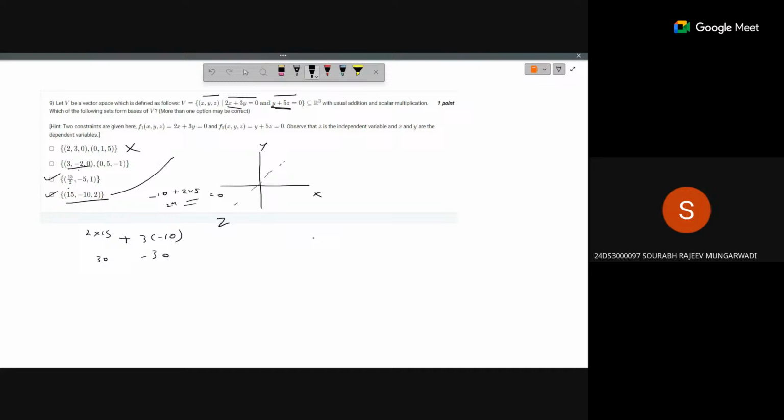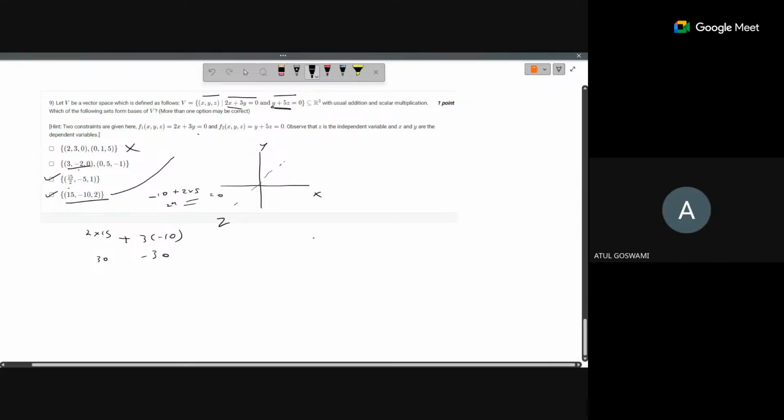Let us say the first one is 2, 3, 0 and the second is 0, 1, 5. Taking 3 times 2 and 3 times minus 2, they give 6 minus 6, which is 0. So it is satisfying the first equation.